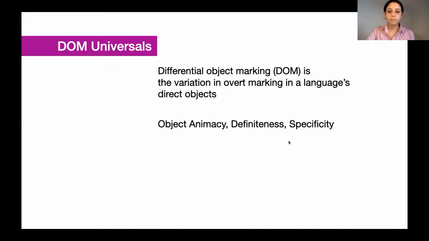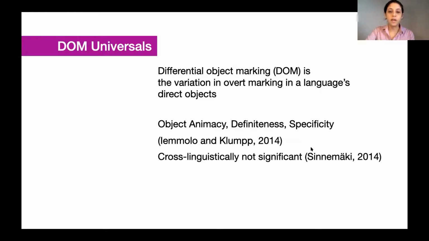Now, although these are common factors across the world's languages, as proposed by many researchers, Sinnemäki finds in his cross-linguistic study that there isn't a single universally significant factor that will predict the occurrence of the differential marker.